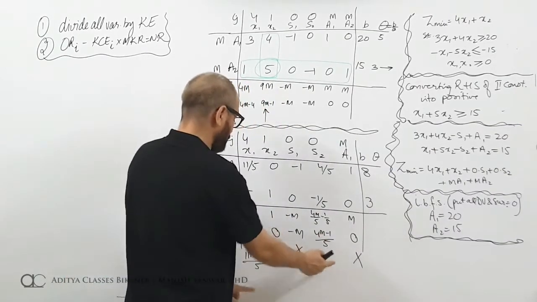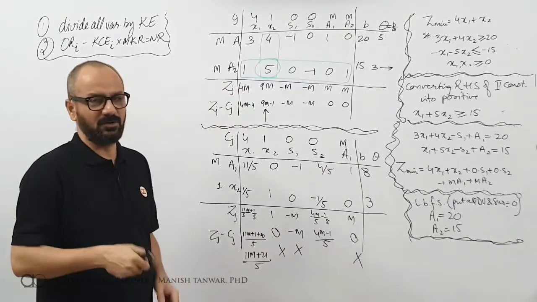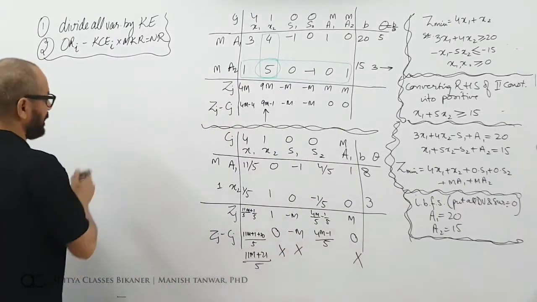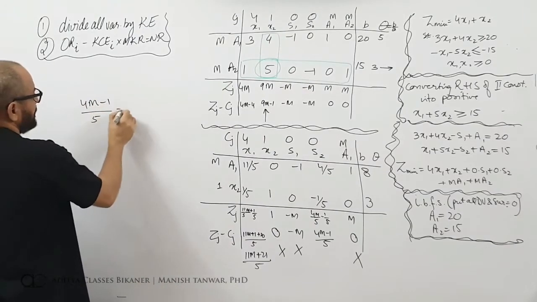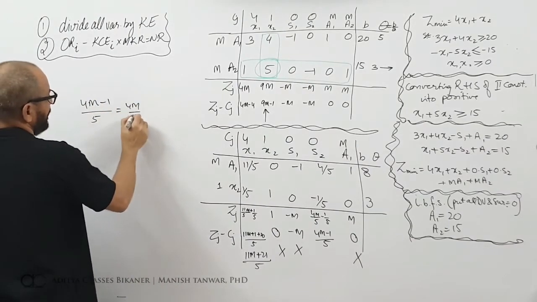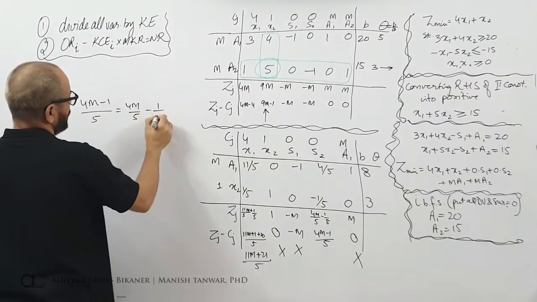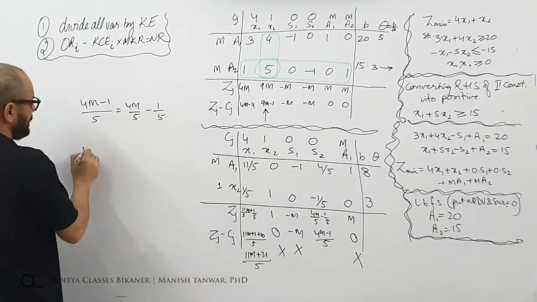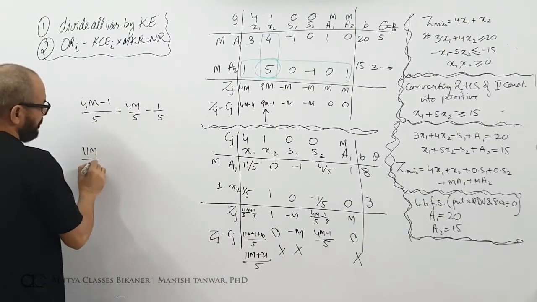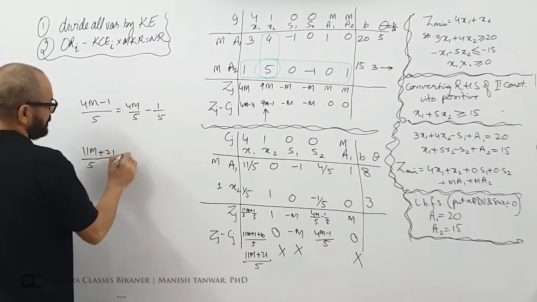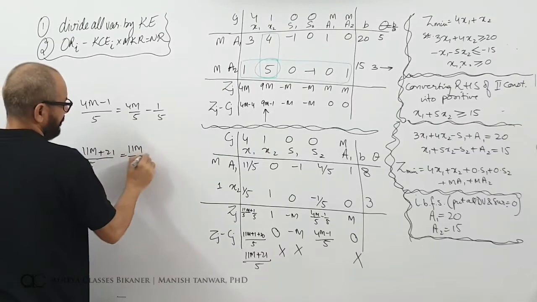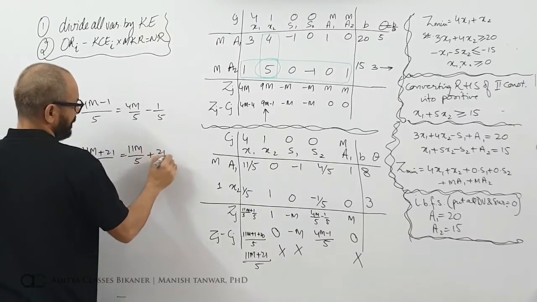What about these two? Now, these two are very hard to imagine. Let us see what are these. 4M minus 1 upon 5 can be written as 4M minus 1 by 5. Then next is 11M by 5 plus 21 by 5.